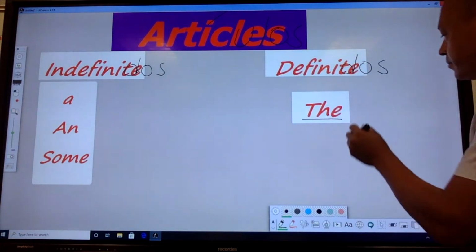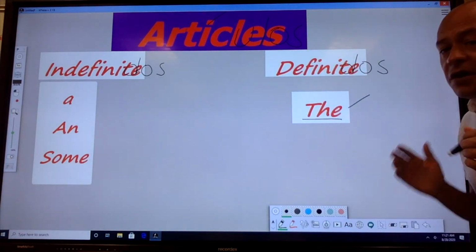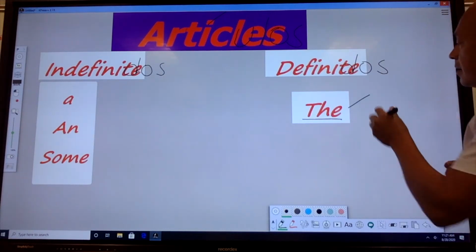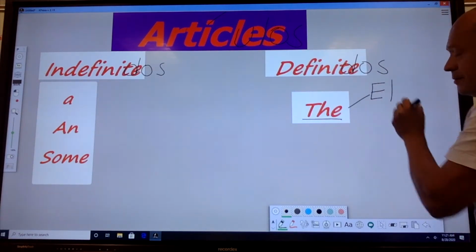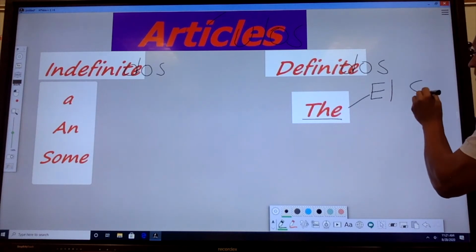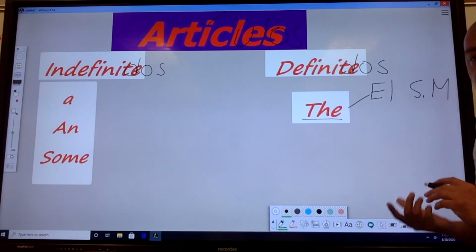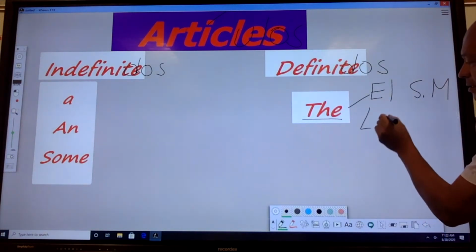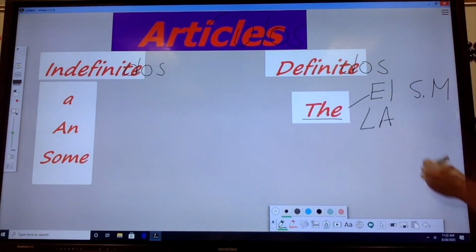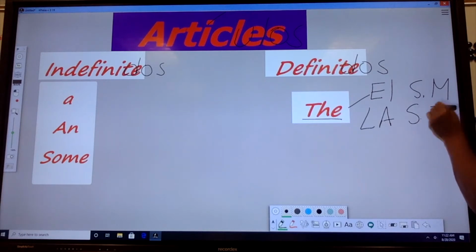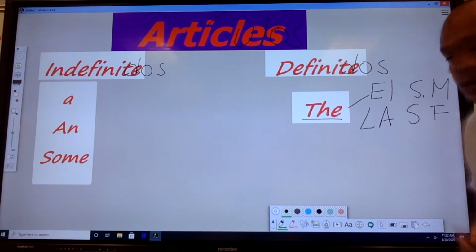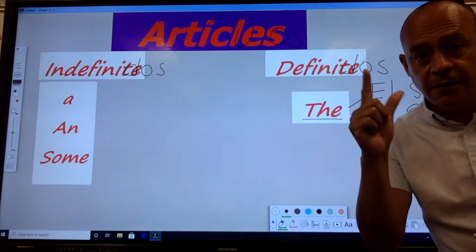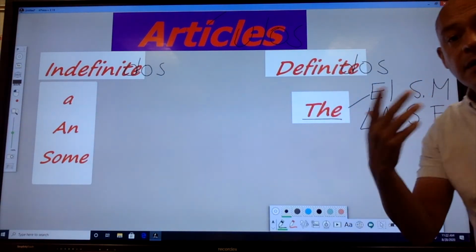Check this out. If what we're talking about is specific, is definite, and is singular, we say el. It is singular and is masculine. What would be the feminine version of this? La. So it's singular, but it's feminine. Now we need the plural, but there are two plurals, right? Singular, masculine and feminine. It goes like this.